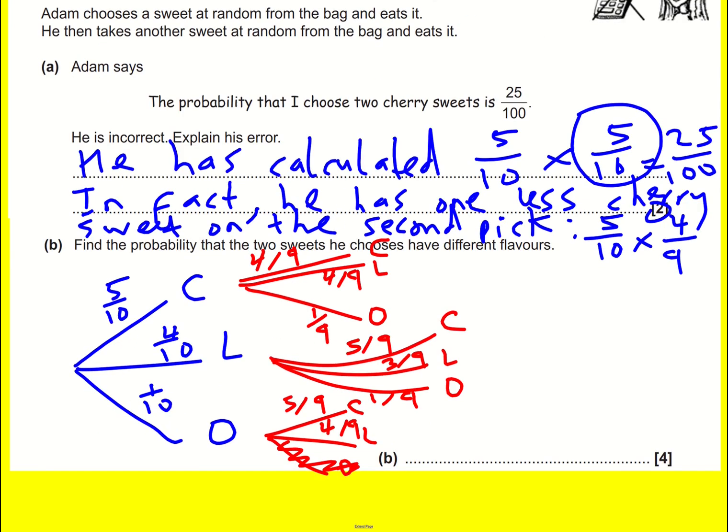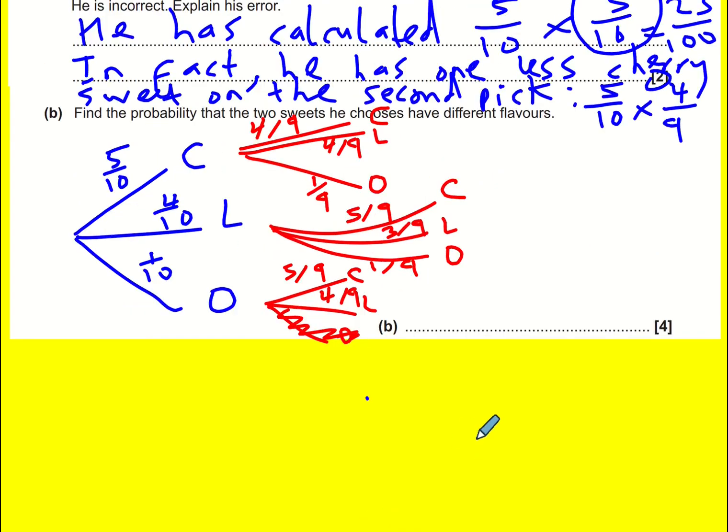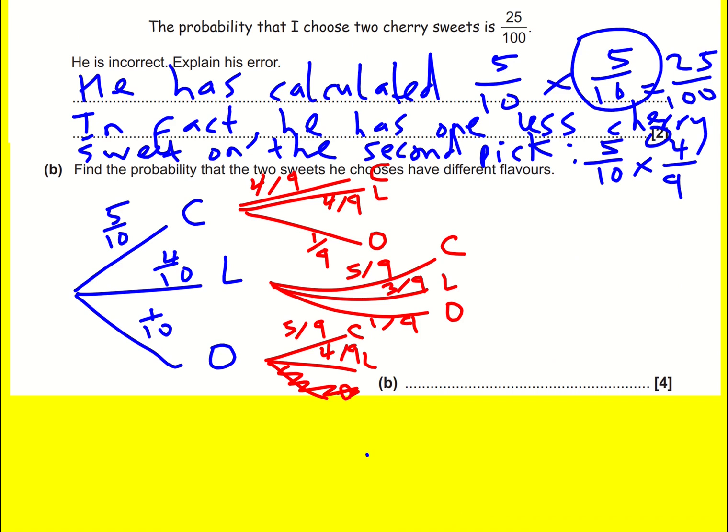If I want to work out the probability of picking 2 different flavours, often on a tree diagram, especially if you have more space, I would label all the probabilities by multiplying them together. I'm just going to put the ones in that are important. So I'm not interested in cherry and cherry.